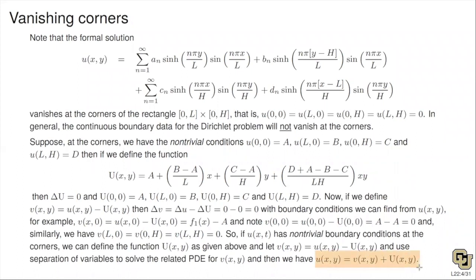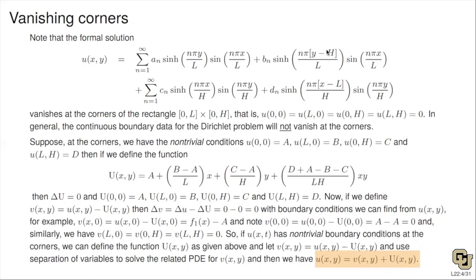So, I'll let you think about it, but I don't want you to worry about this slide too much. It won't come up. I just wanted to mention it as a technical detail because it is a fact of the formal series solution that it disappears on the corners, that it's equal to 0 on the corners. So, if you have data that doesn't do that, then we have to have a way of resolving it. So this is one way certainly of fixing it.